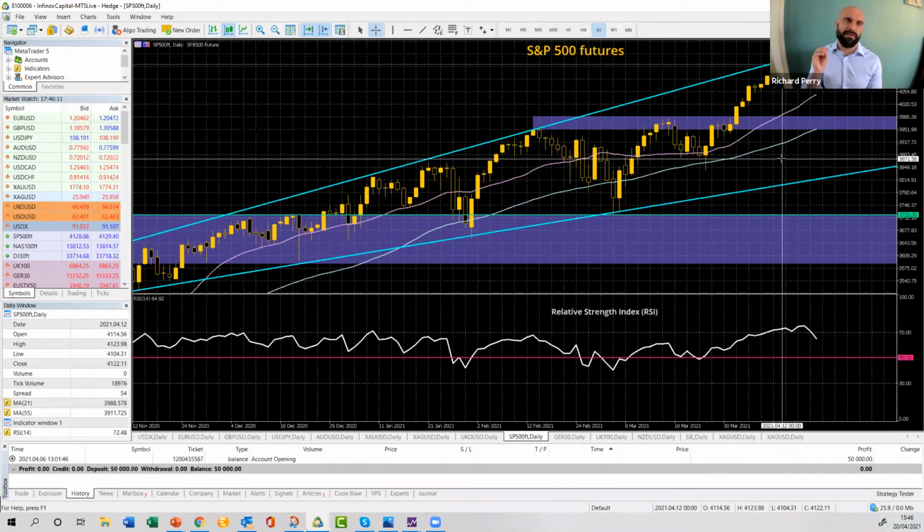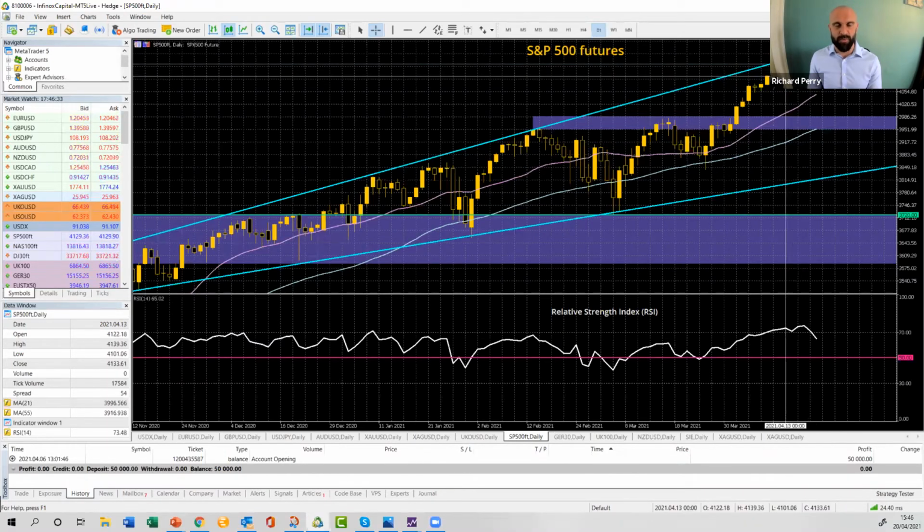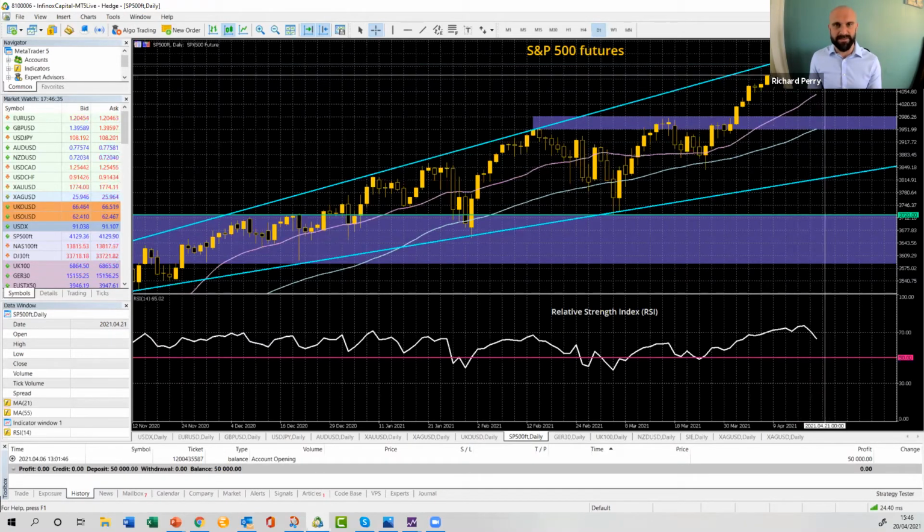Historically, it's really difficult to call top patterns and reversals on Wall Street because it's so massively skewed by quantitative easing money. However, technically, you'd certainly say if that goes back below 4,000, I mean, on this daily chart here, 4,100 seems to be a basis of support.